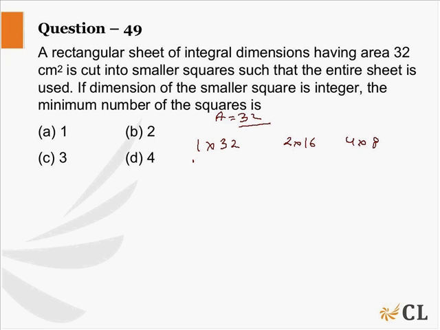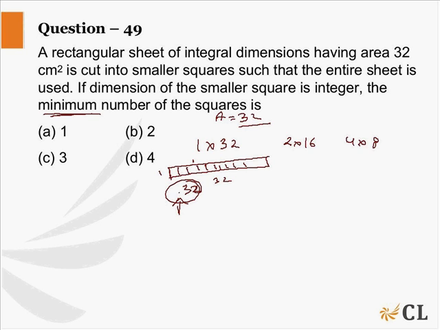So if there is a sheet of 1 cross 32, there is a long sheet. This is 1 and this is 32. If I need to cut this into squares, I can do this only by distributing it into 32 squares. This gives you answer 32. I need to find the minimum number of squares. This is the maximum.